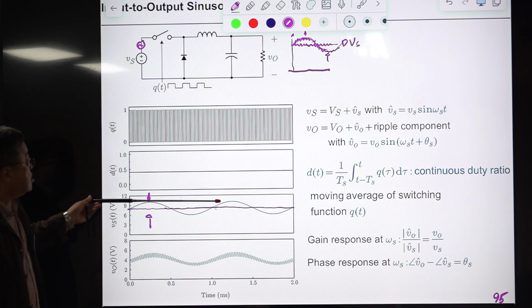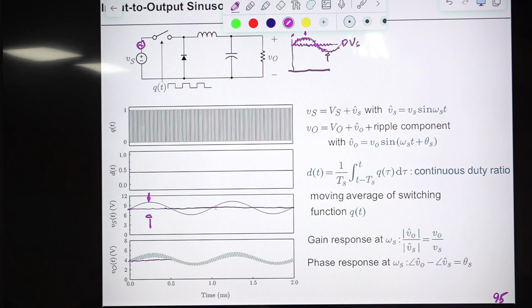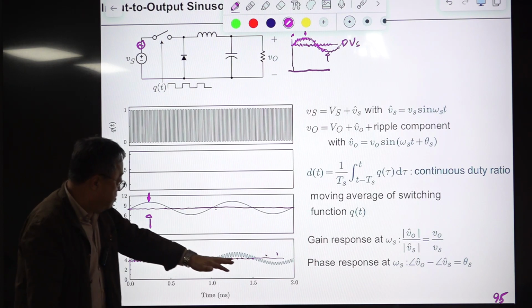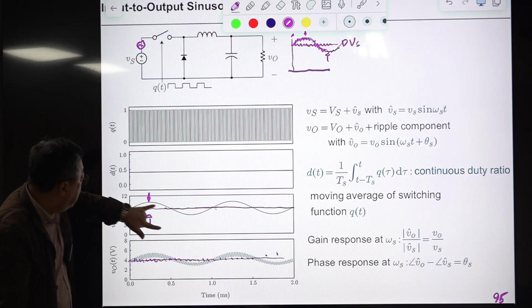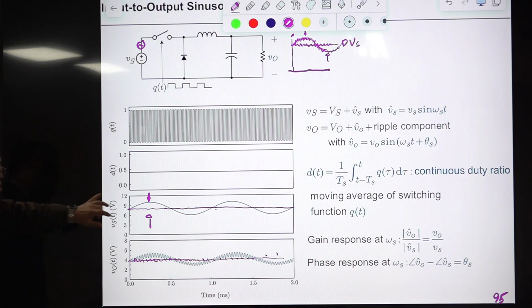Okay, without this AC component in the Vs, the output voltage will be this DC value, and the switching ripple is on it, something like this. But with this sinusoidal variation, there is some sinusoidal component at this frequency. So you may want to relate this one and this sinusoidal component.